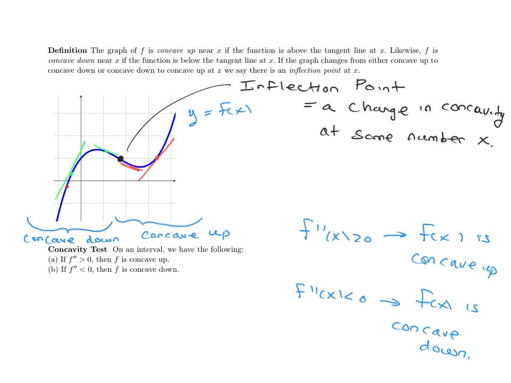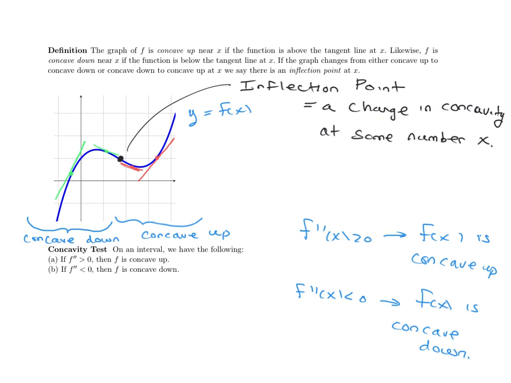Likewise, over here, the derivative is decreasing. Notice it goes from a positive to 0 to a negative number. So definitely the derivative is decreasing. Well, if the derivative is decreasing, its derivative is negative, and its derivative is the second derivative. So if your second derivative is negative, that means your graph will be concave down.